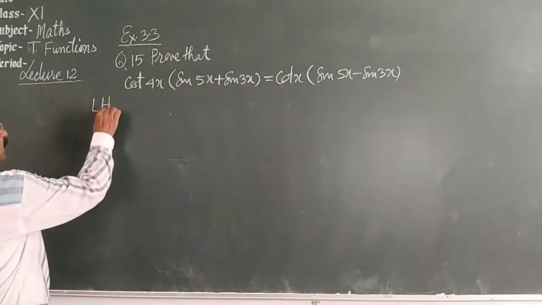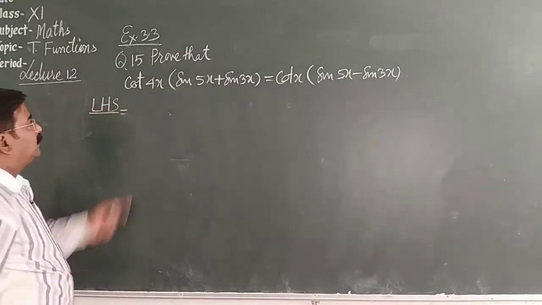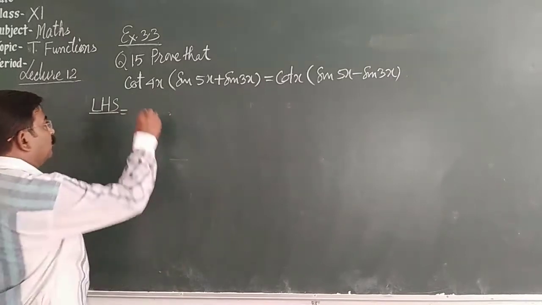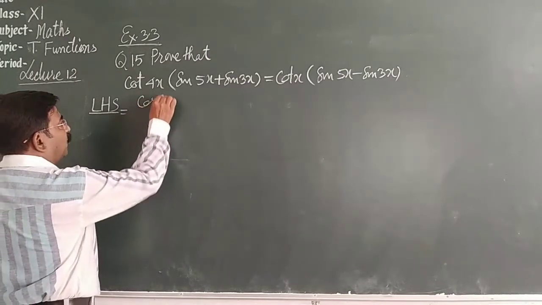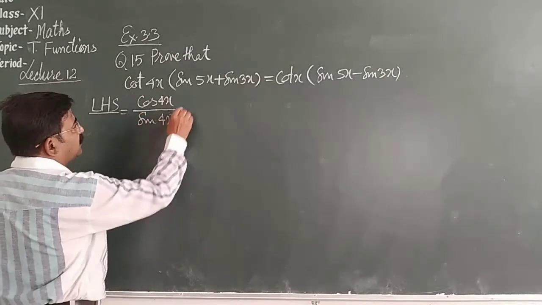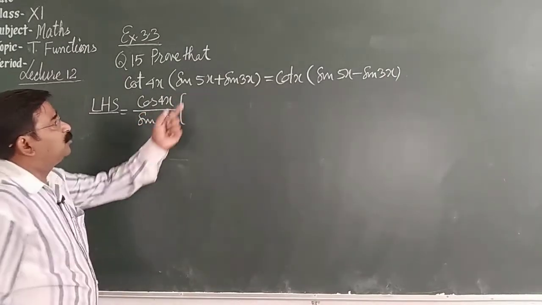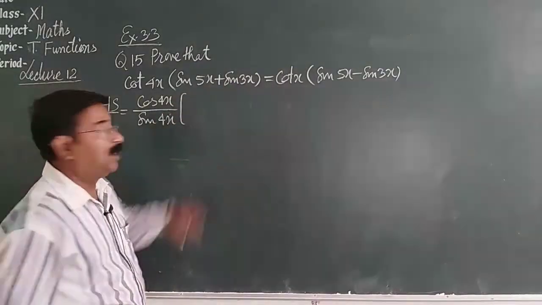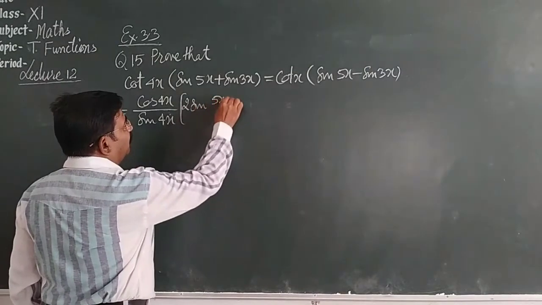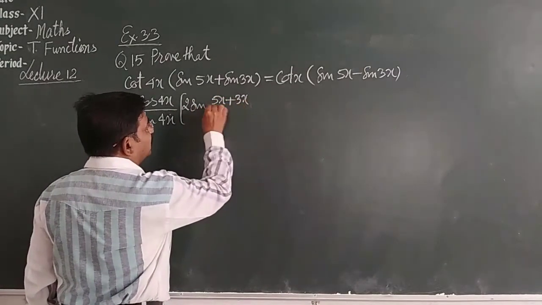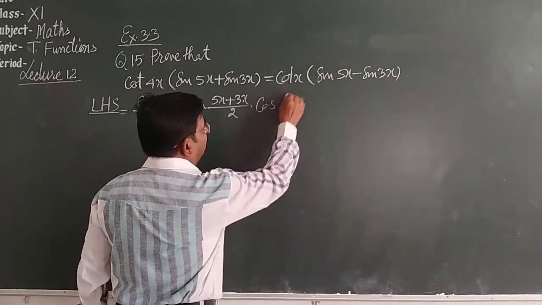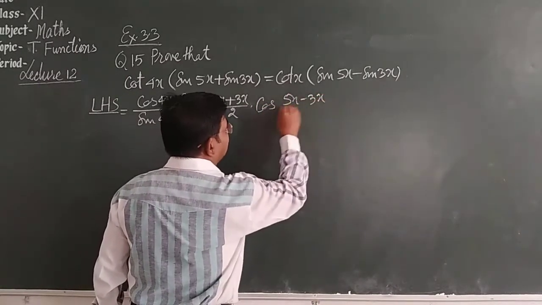Taking left hand side, change this cot into sin upon cos. So we can write cos 4x upon sin 4x. Here we can use sin A plus sin B formula. So we can write 2 sin 5x plus 3x by 2 cos 5x minus 3x by 2.